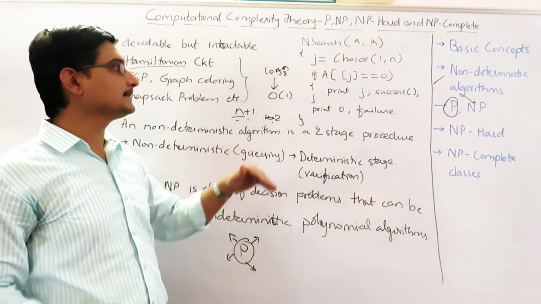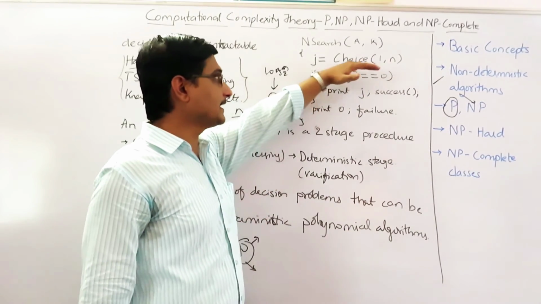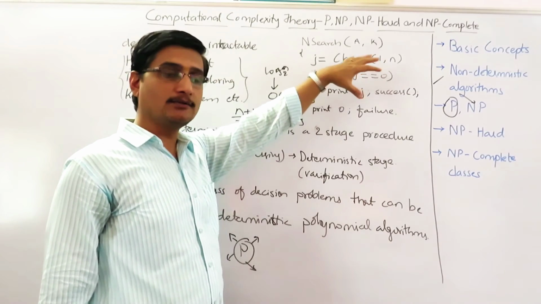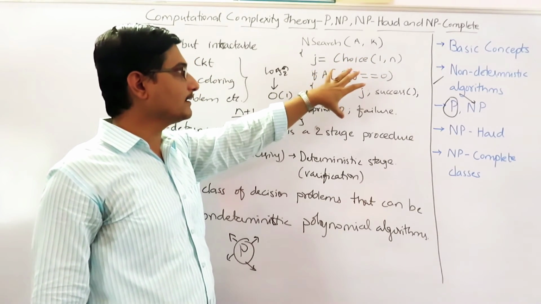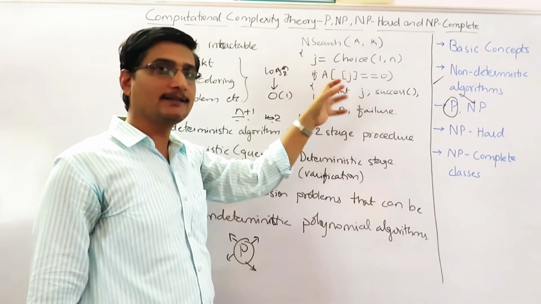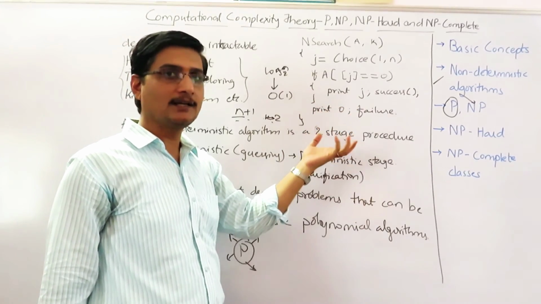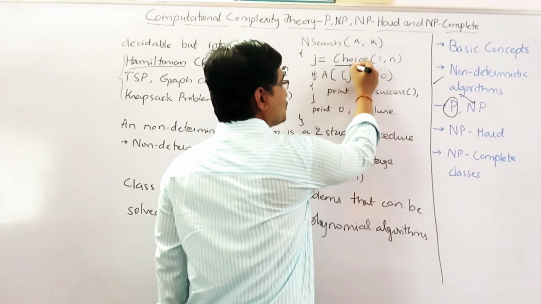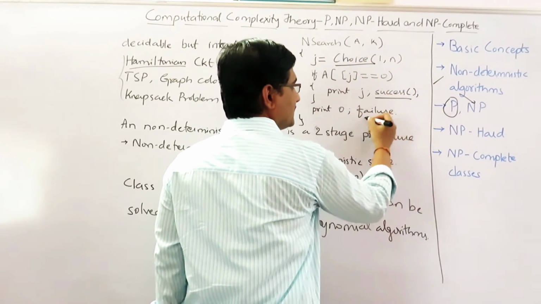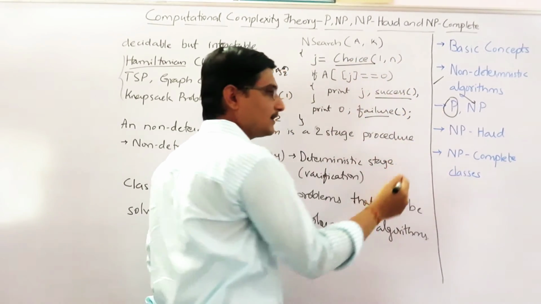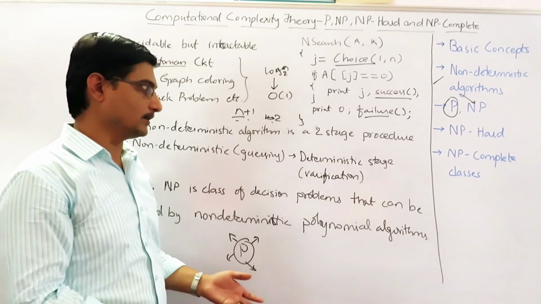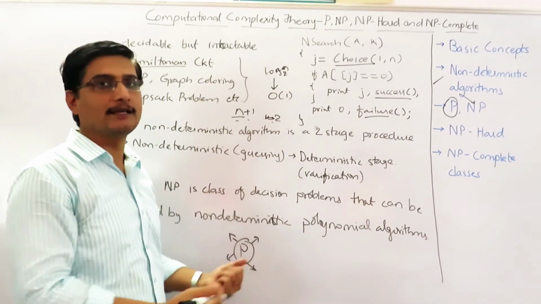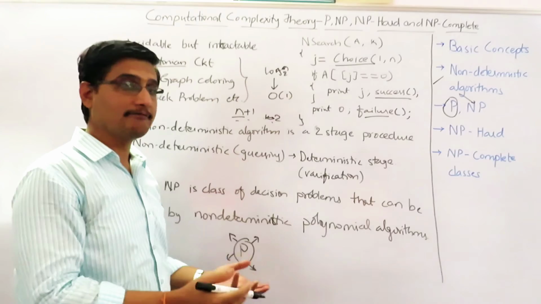If this is the case, then we are thinking to design an algorithm where there are some non-deterministic phases. Say for example, choice, success, failure. These functions are not known. We just assume that they will give the output. They are not defined properly.